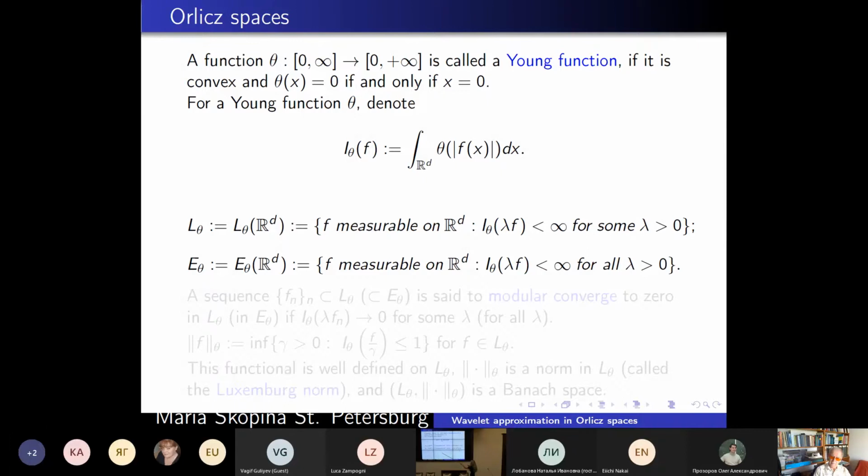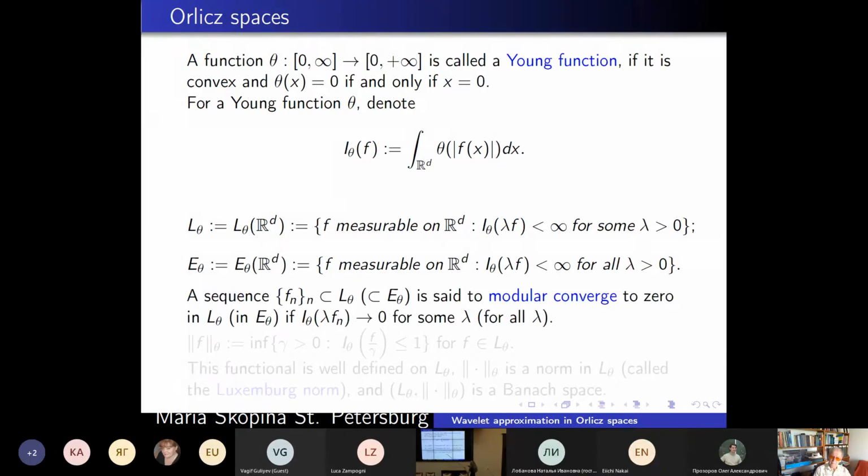And another space, E theta, the same but for all lambda. Sometimes this is called the large Orlicz space and this is the small. Of course, E theta is a subspace of L theta. And what is modular convergence?